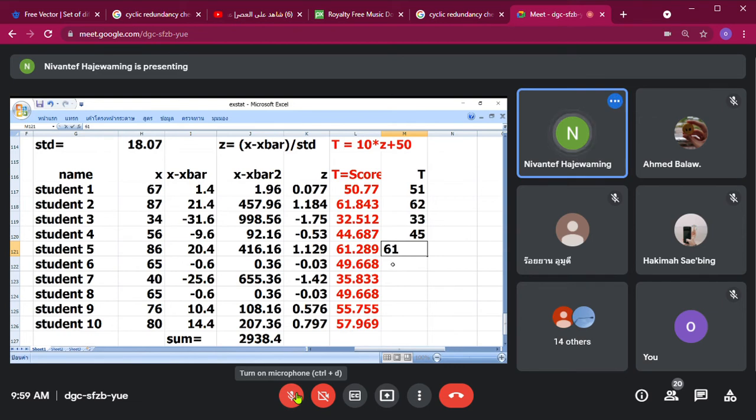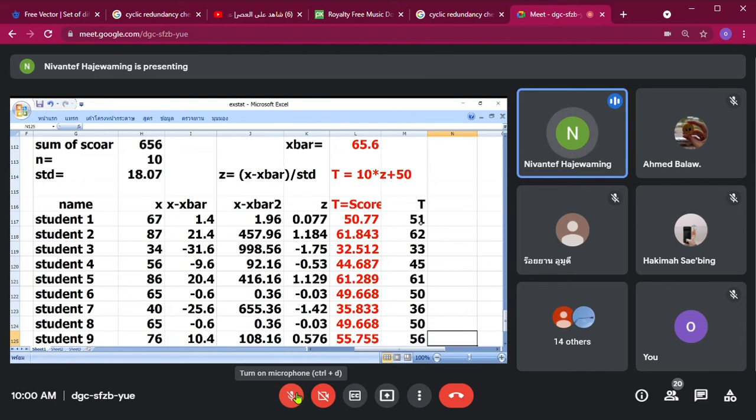In general, if the decimal is larger than 5, we round up by 1. If it is less than 5, we don't change it. 61.28, we got 61. This 49.6 is larger than 5, we get 50, right? This 0.8, we got 51. This 0.6, we got 50. It's fair enough and easy to understand.